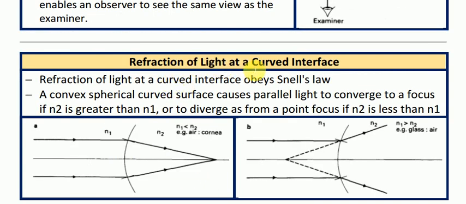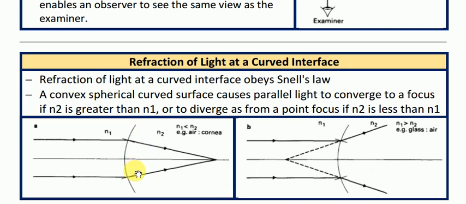Now, refraction of light at a curved interface. Light passing across a curved interface between two media N1 and N2 of different refractive indices obeys Snell's law. So this is a convex spherical curved surface.